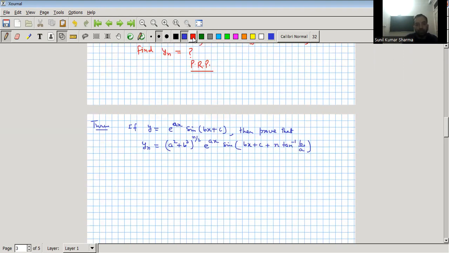Some results, some formulas you already know: sin of a plus b is equal to sin a cos b plus cos a sin b. So we use some formulas in this when we prove this article.